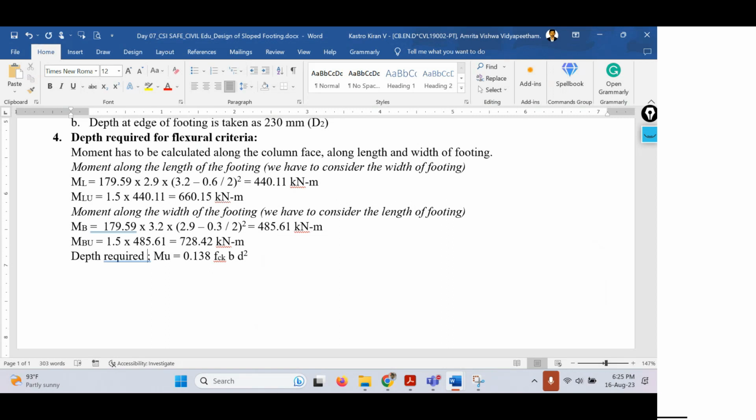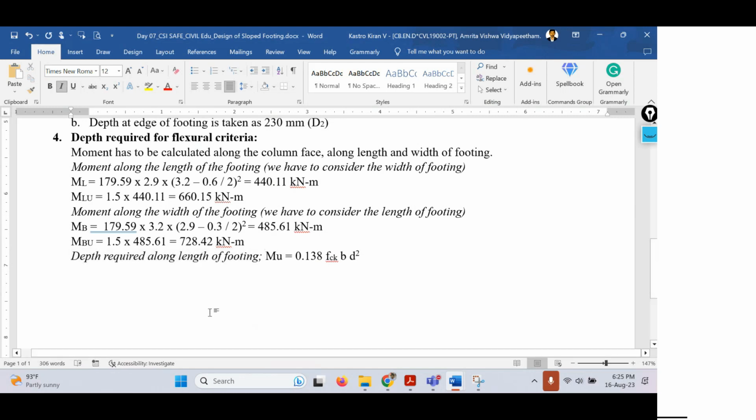First, the depth required along the length of the footing, and the second, the depth required along the width of the footing. Mu equals 0.138 fck b d square.